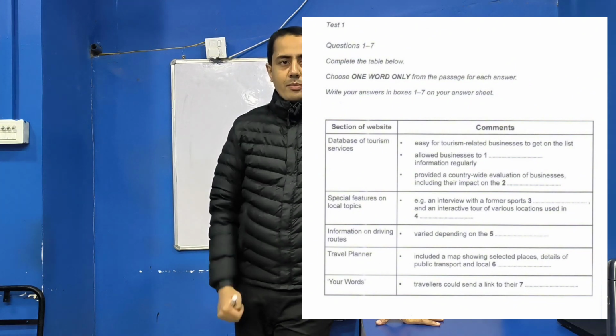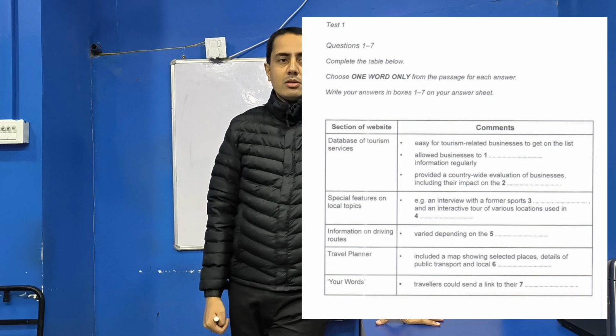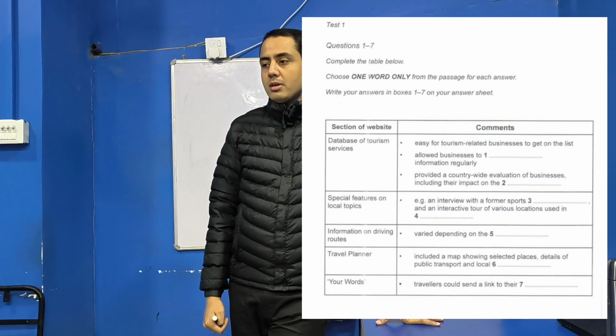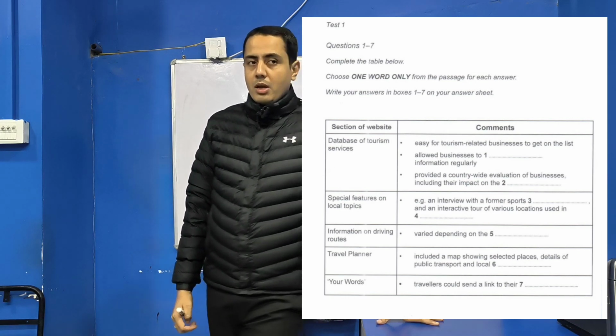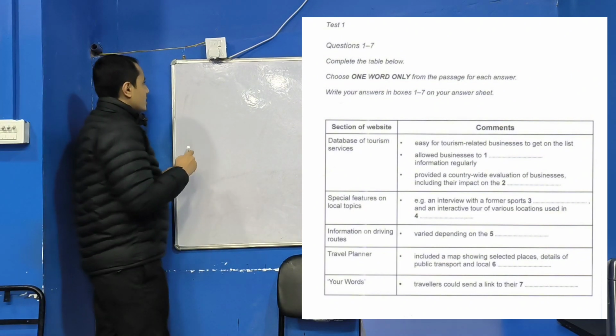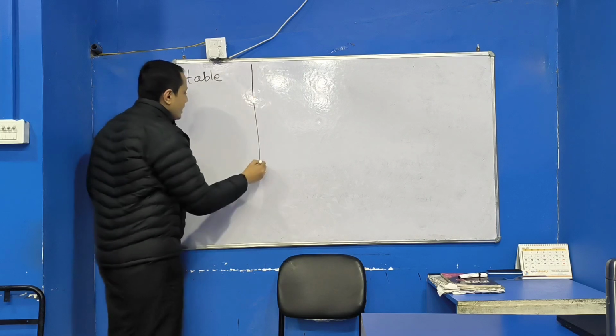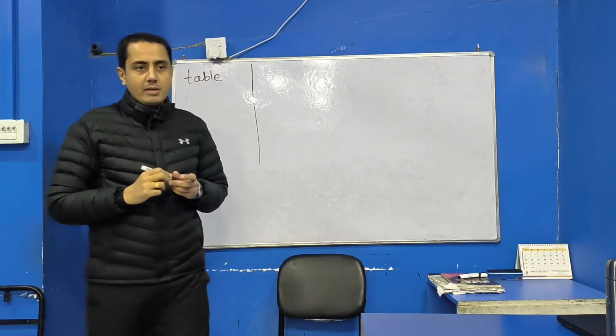Above the table, what does the instruction say? It says complete the table below. Do you see that? On the top, complete the table below. Okay, a fill in the blanks question may come where the instruction is complete the table. But you will see in other questions, it doesn't say complete the table.